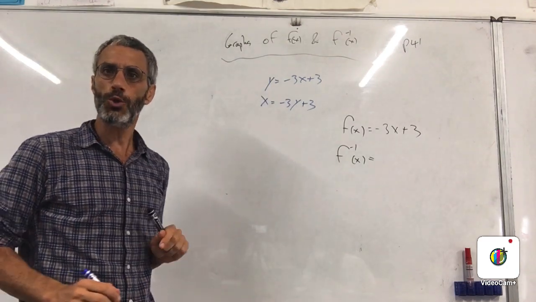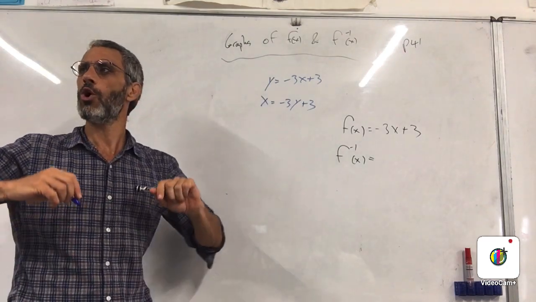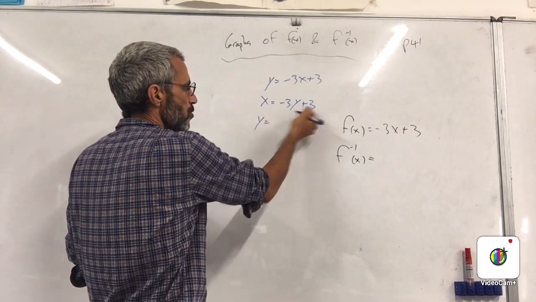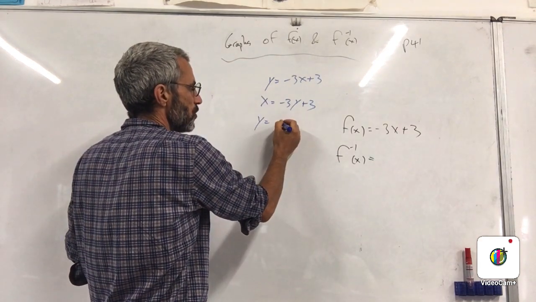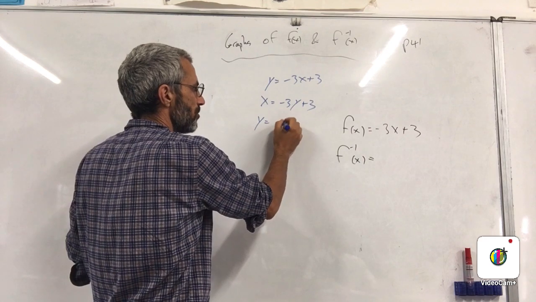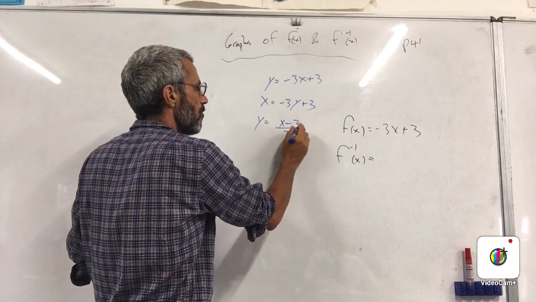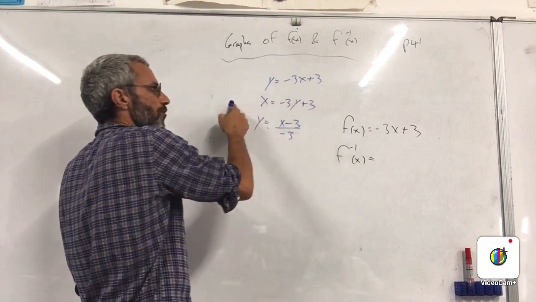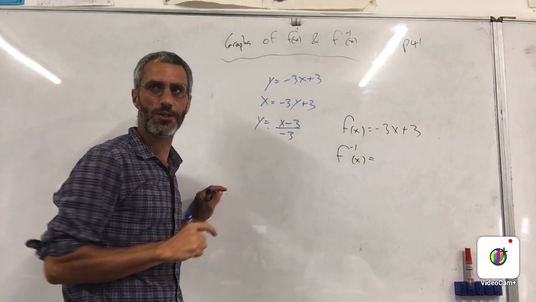Step 2 is to solve for y. We want to find out what y is. If I move the 3 to the other side, it's x minus 3, divided by minus 3.